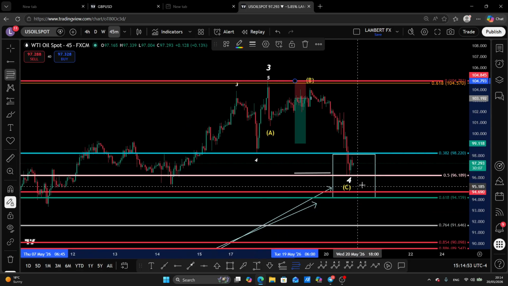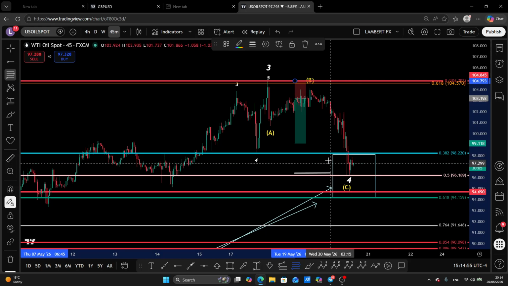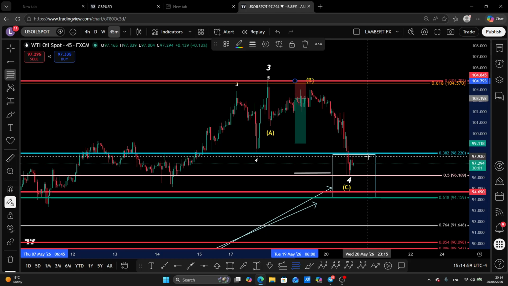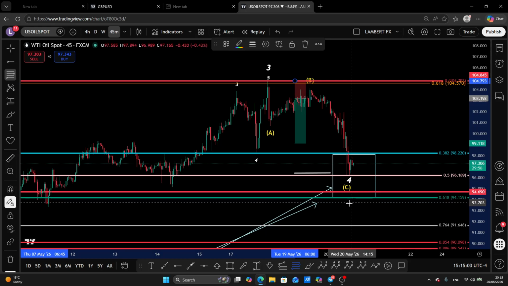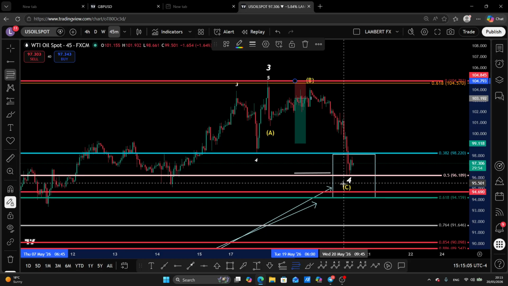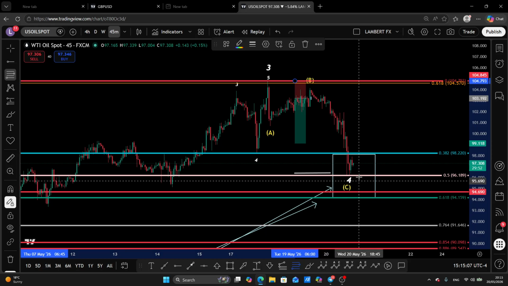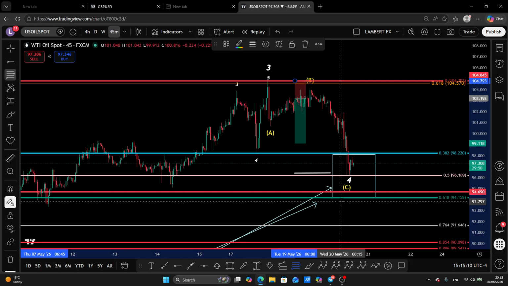And this is how I derived this box here: my 0.382 to my 0.618. These are the Fib areas where I'm looking for a buying signal. We must not see any price action below 0.618, which is this green line.